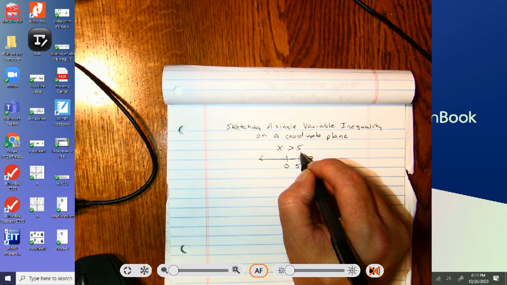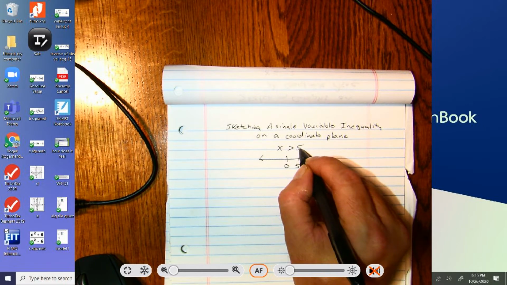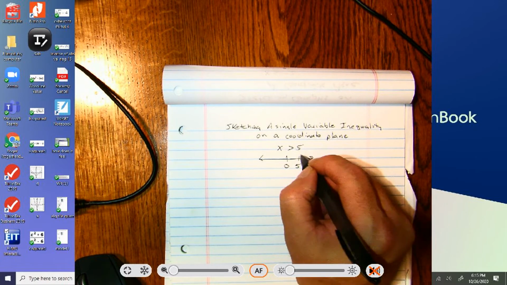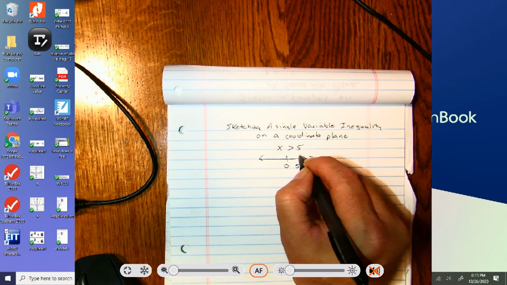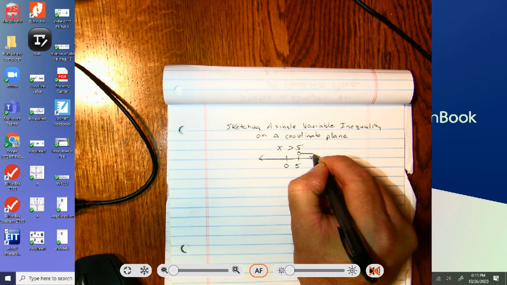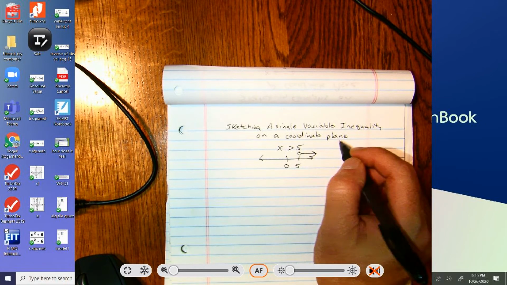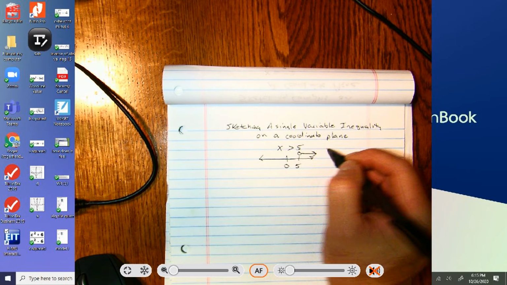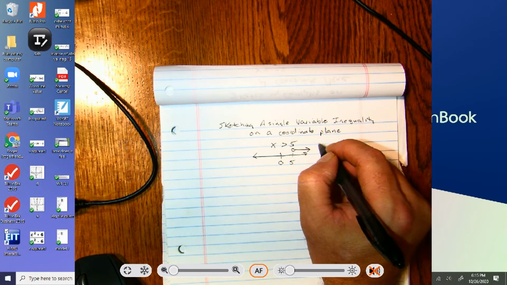Open circle means that anything over here does not include 5. 5 is not included in the solution. So this is an open circle, and it will go to the right because this inequality points to the right, since all the numbers going to the right are greater.